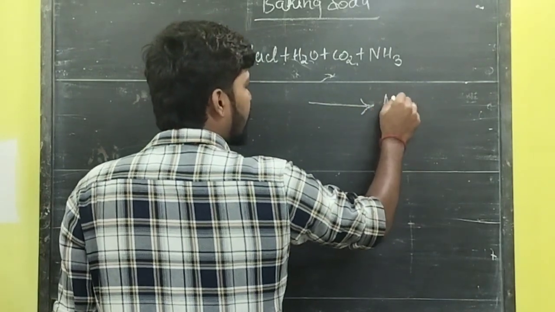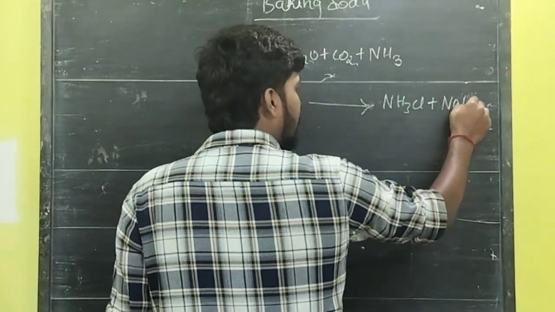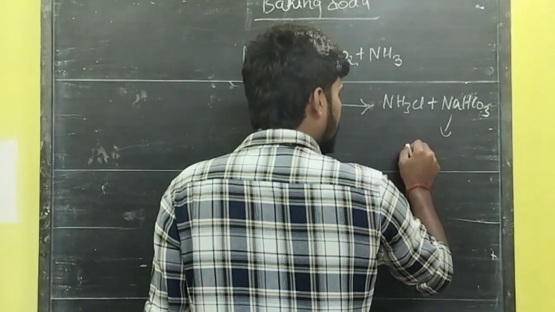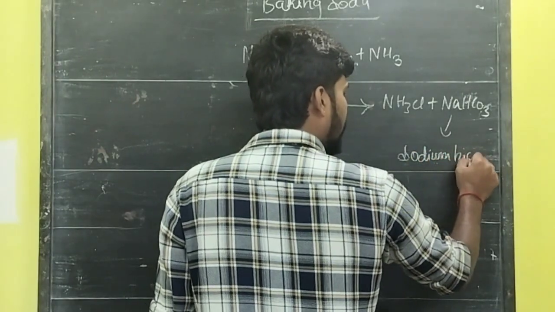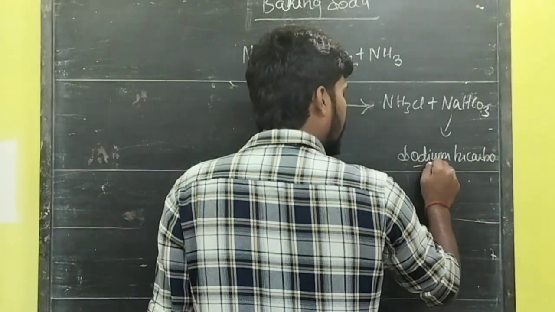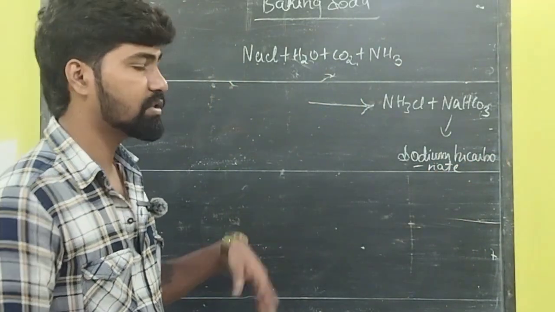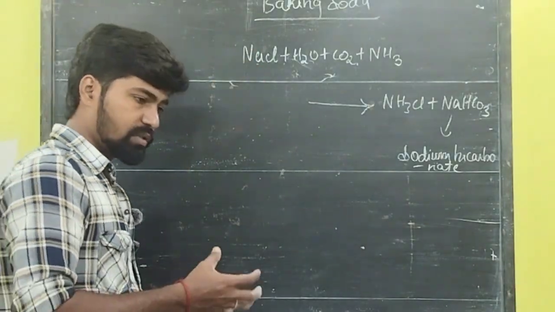When reacted, you will get ammonium chloride plus the main product, sodium hydrogen carbonate, also called sodium bicarbonate, or baking soda.